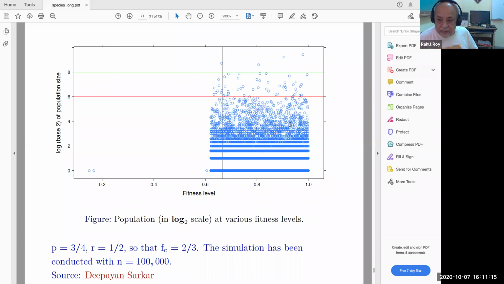Similarly, if this was 0.9, this is 2 to the power whatever. I see. So this is the simulation, but because it's really packed here, you're getting this full line here.